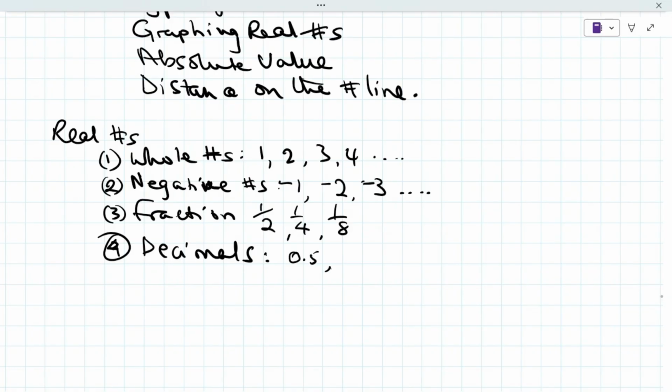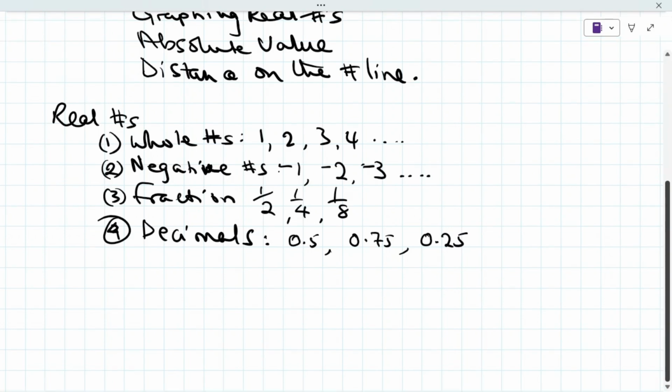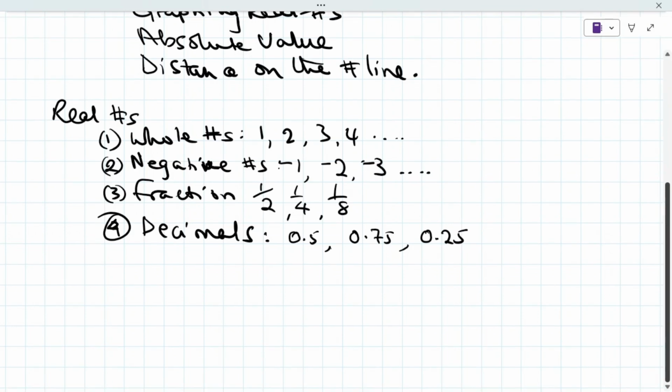And if we are talking about 3/4, it will be 0.75. If we are talking about 1/4, it will be 0.25, and so on and so forth. All these numbers, real numbers, can be placed on a number line.